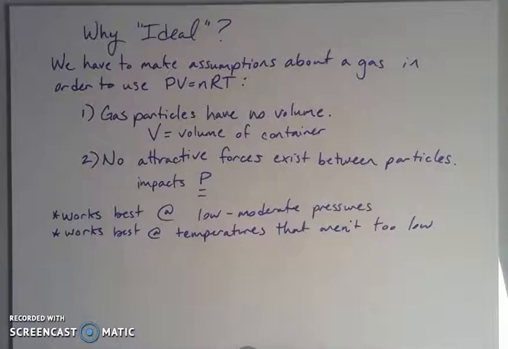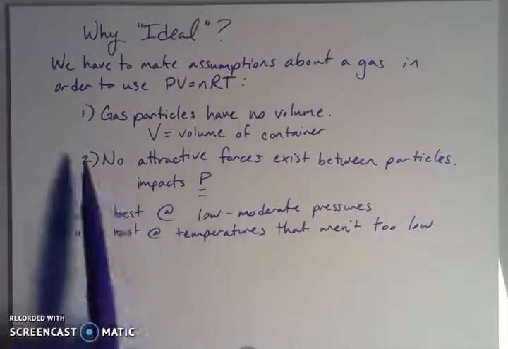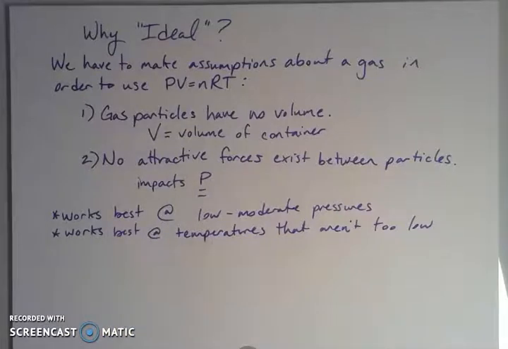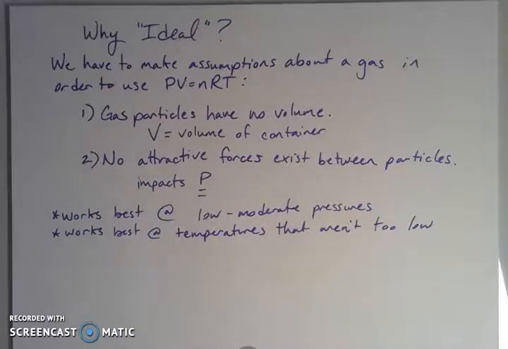As soon as we slow them down, the attraction and interaction with other particles has more potential to increase. That's going to cause things to clump up a little bit more, which is going to cause things to have more volume. So there are a lot of different impacts there. With low to moderate pressures and not crazy low temperatures, you can use PV=nRT just fine.